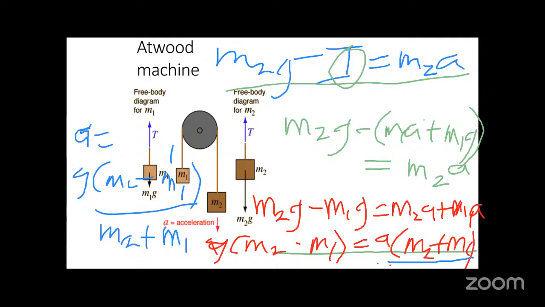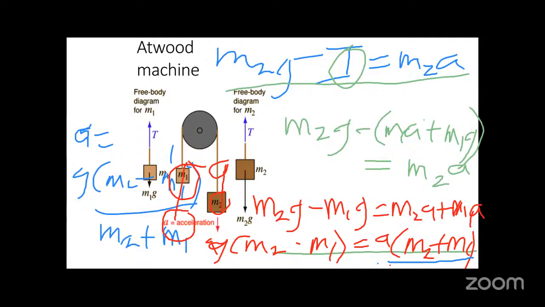So now, what if mass 1 is greater than mass 2? That is, this mass is greater than this mass, such that this is coming down and this is going up. We can still apply the same formula to find the acceleration.